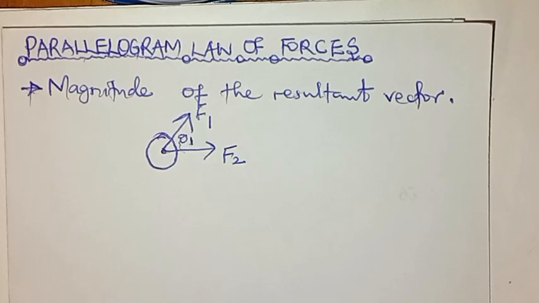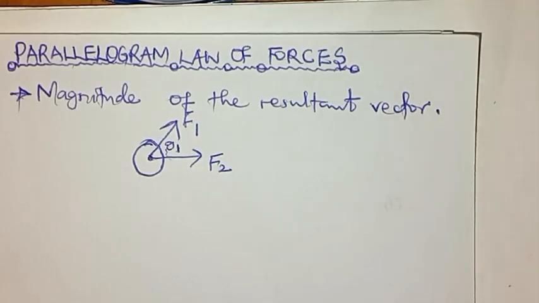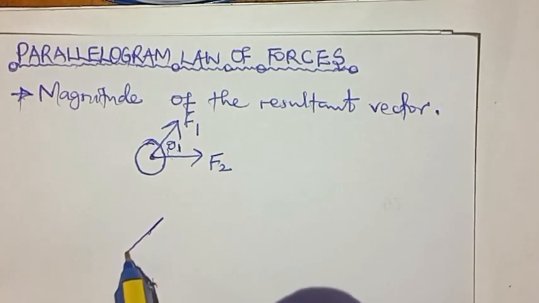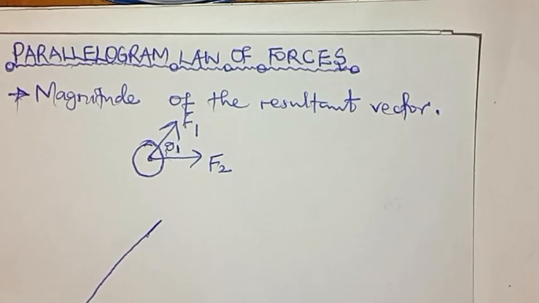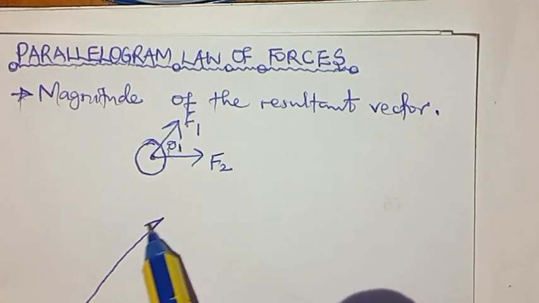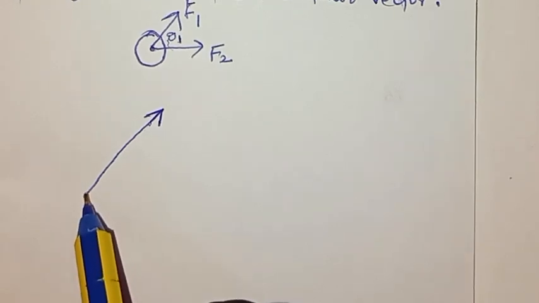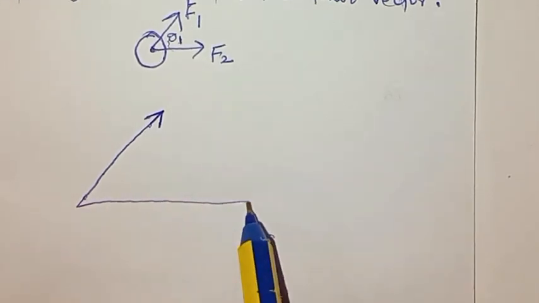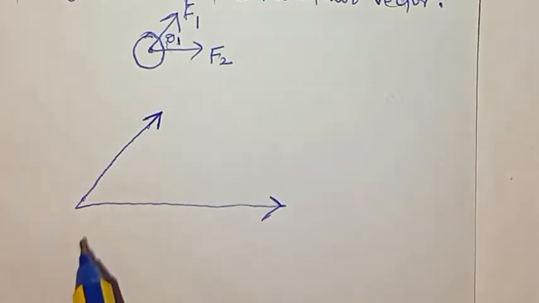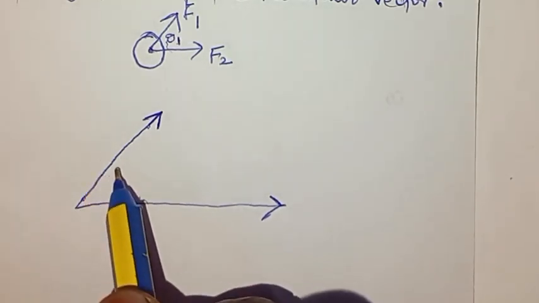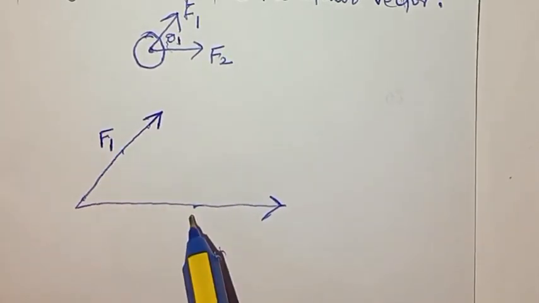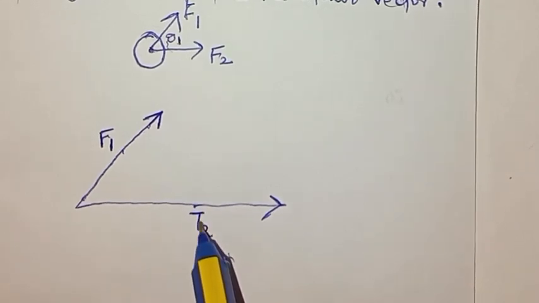Look at this diagram, I'm going to show you. So, this is the diagram. I'm not accurate because I'm free sketching for you to understand. Let's say this force is named F1 and this one is F2.